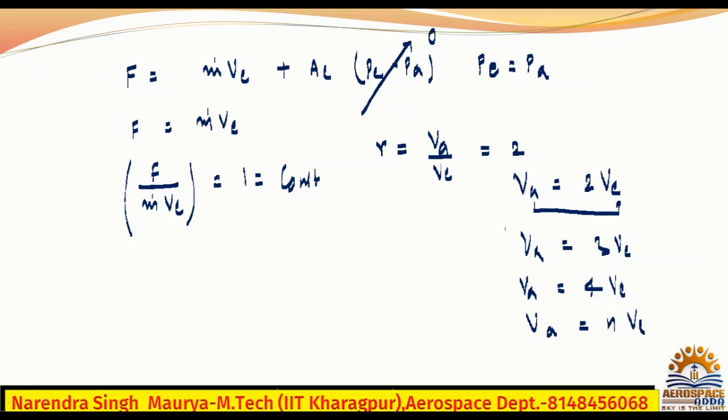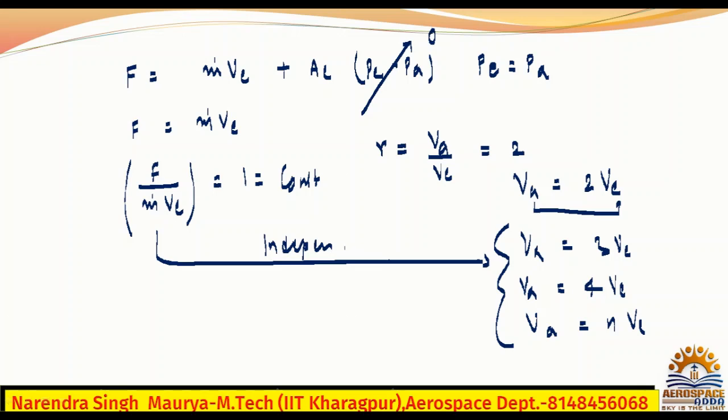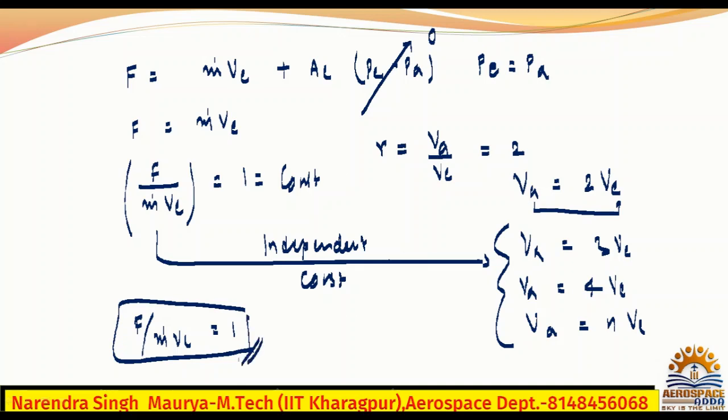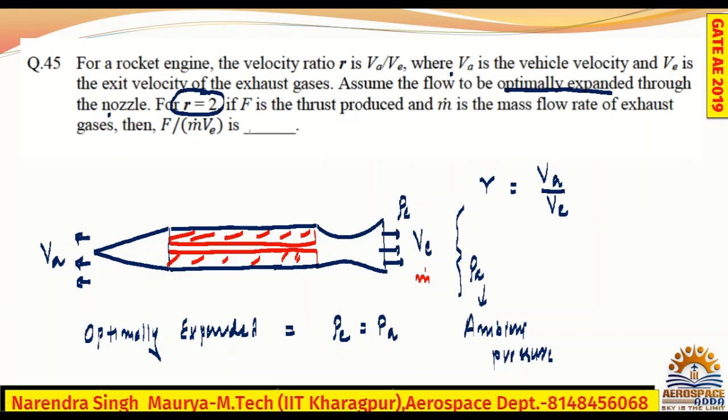It will be constant, independent. What is the value finally? Constant value, it is 1. It is not going to change. R is equal to 2, R is equal to 3, R is equal to 4, doesn't matter. Hope you understood. This value will be 1, whether R is equal to 1, 2, 3, 4, 5, anything. Hope you understood. Alright?